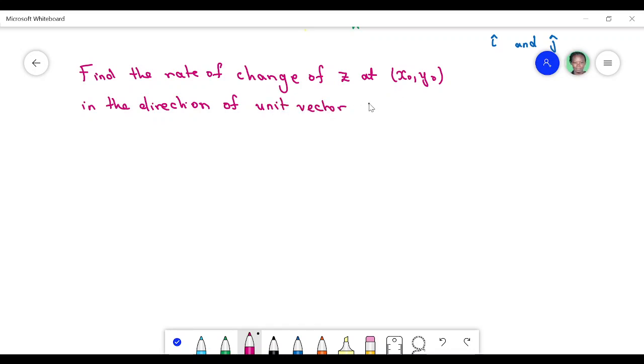Let's say the unit vector is u, which is equal to (a, b).